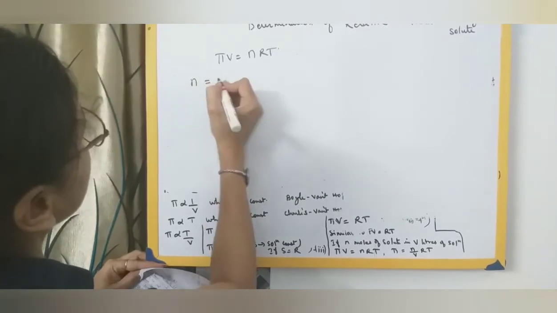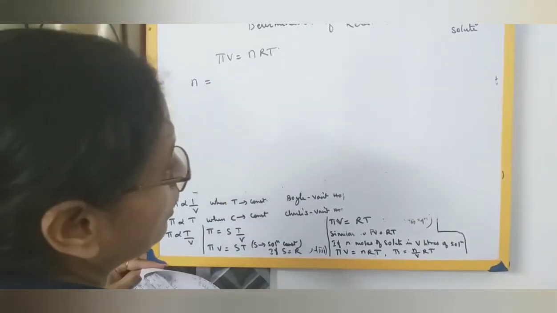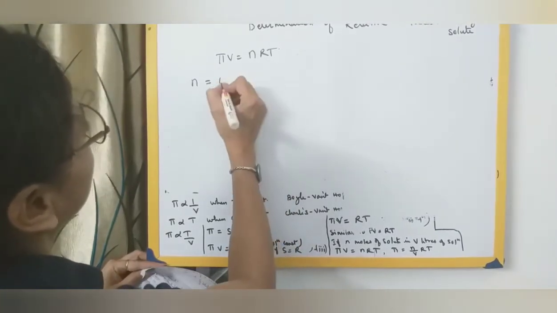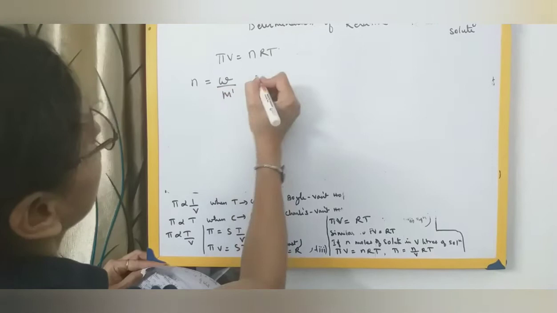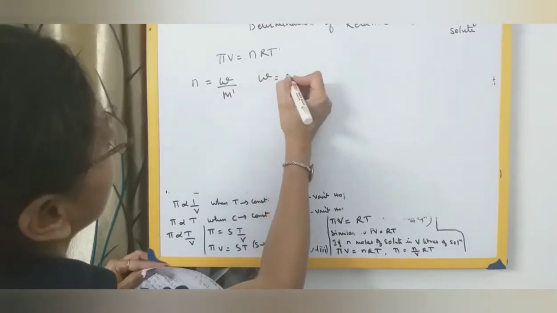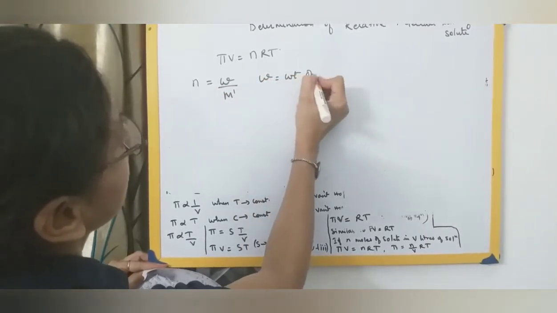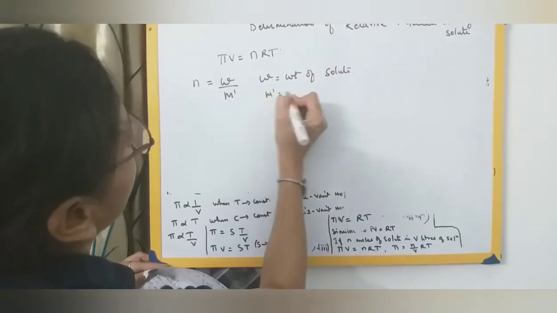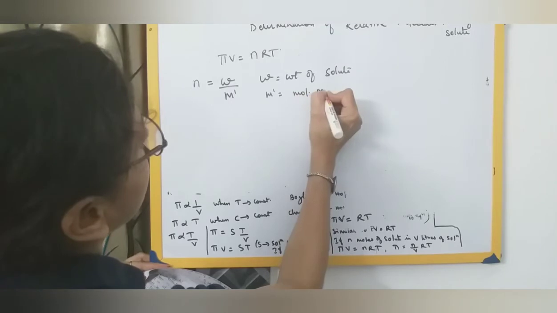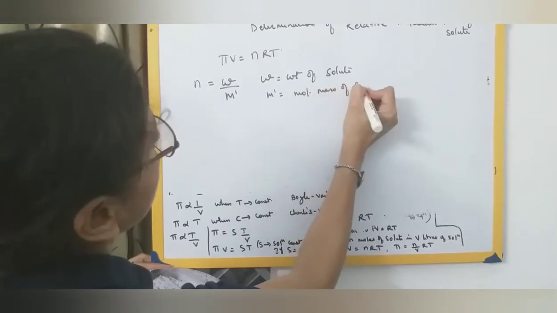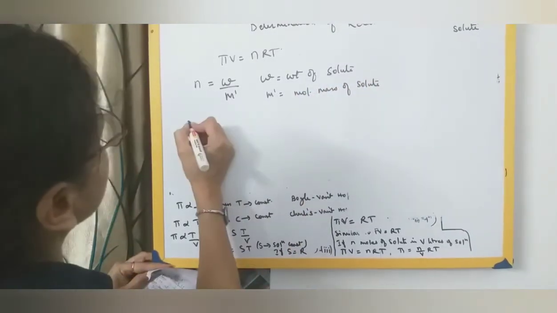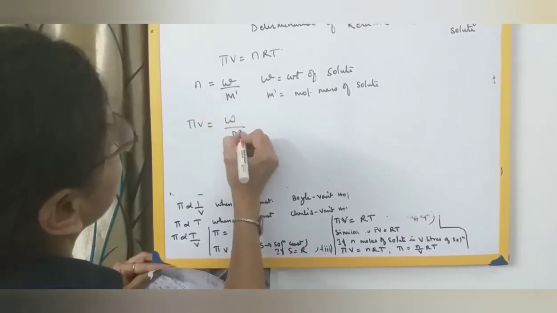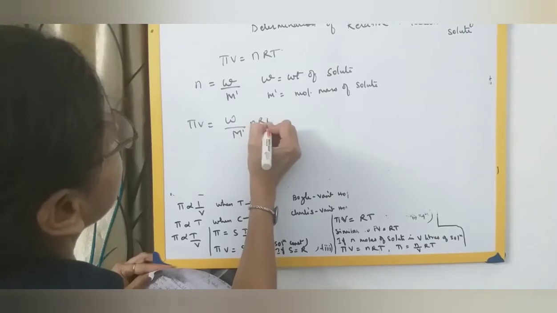By the weight of the solute upon the molecular mass, that is w upon M', where small w is the weight or mass of the solute, and M' is the molecular mass of the solute. So we substitute here: πV is equal to (w/M')RT.